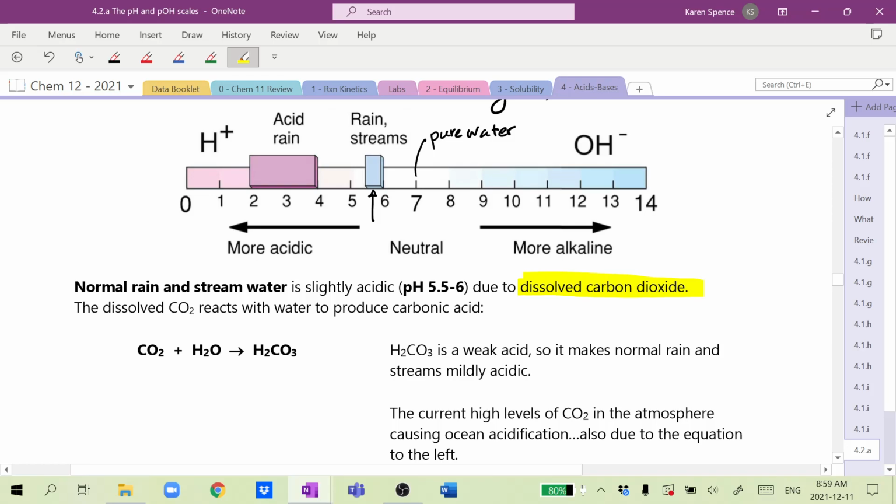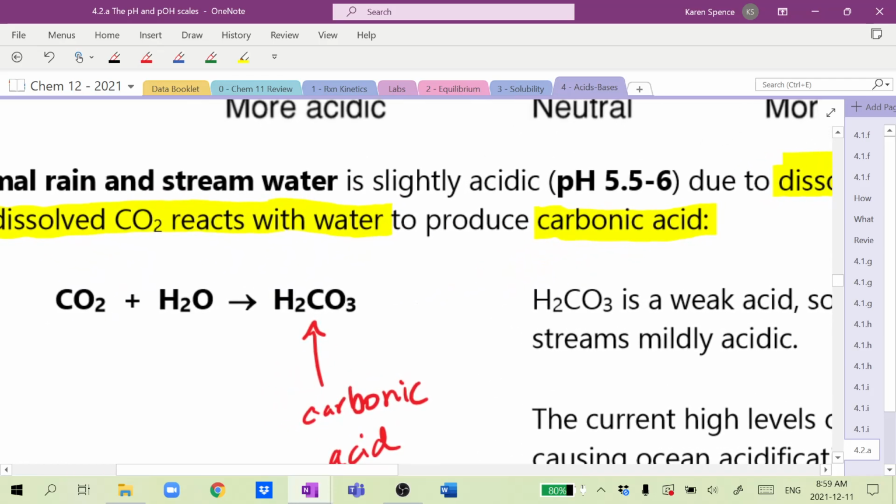Okay? Dissolved carbon dioxide reacts with water and it produces carbonic acid. You are responsible for this equation. It's fairly straightforward though.